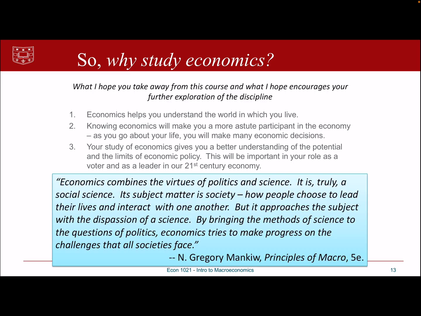So I always like this quote by Greg Mankiw, who's a professor at Harvard. It came from his introductory principles textbook, and it's for a lot of people, as you talk to econ practitioners, why they got into economics.